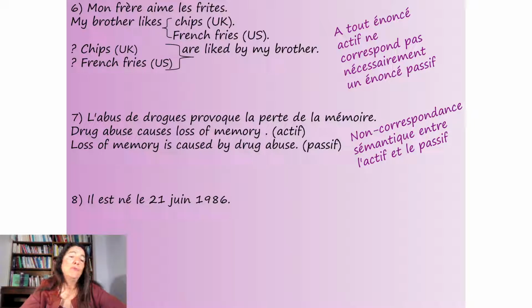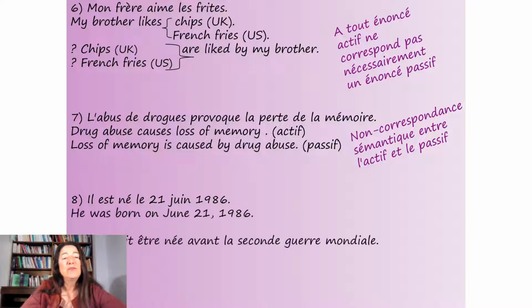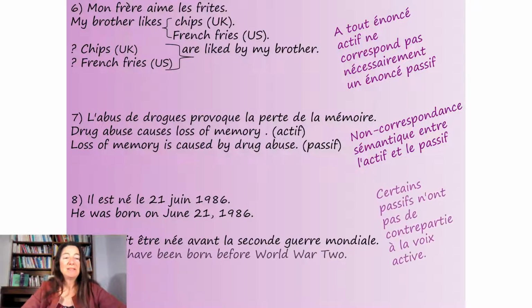Il est né le 21 juin 1986. In English, he was born on June 21st, 1986. Elle doit être née avant la Seconde Guerre mondiale. She must have been born before World War II. In these two sentences, there's no other option but to use the passive voice.